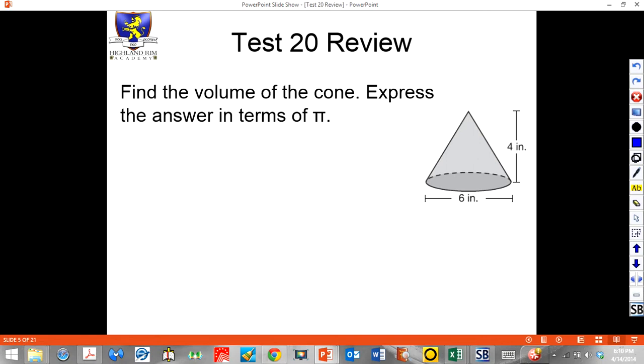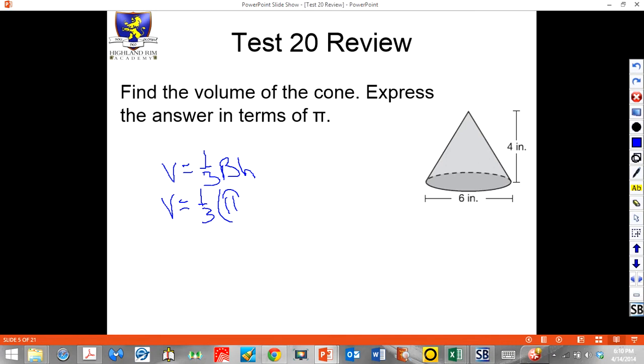Now we take the same cone and see what the volume of the cone is. Remember, for a cylinder the volume is base times height, but in the case of a cone, the volume is equal to 1/3 base times the height. The area of the base is pi r squared because we have a circle. So the volume is equal to 1/3 times pi times the radius.